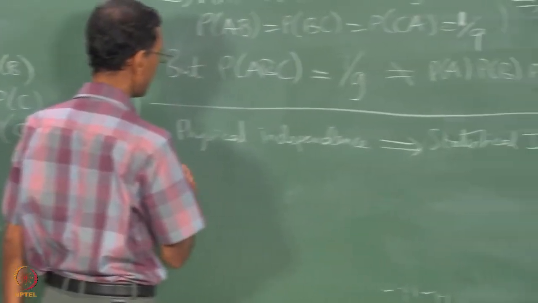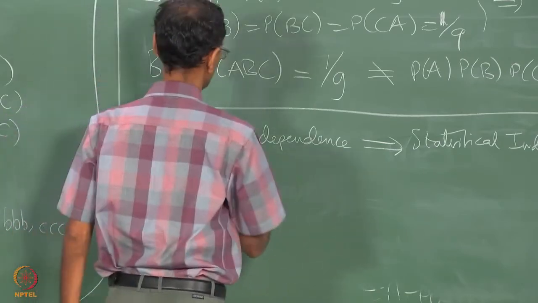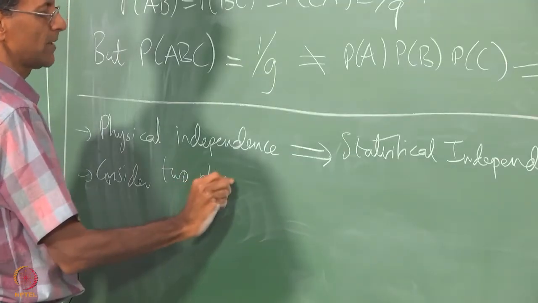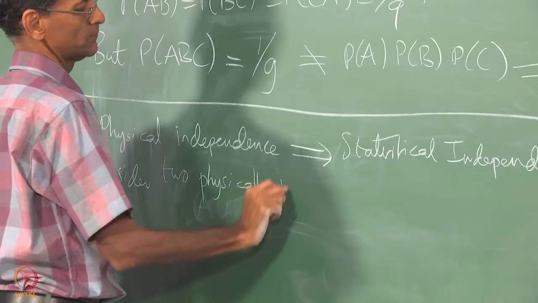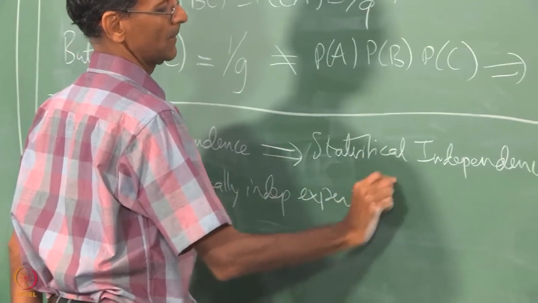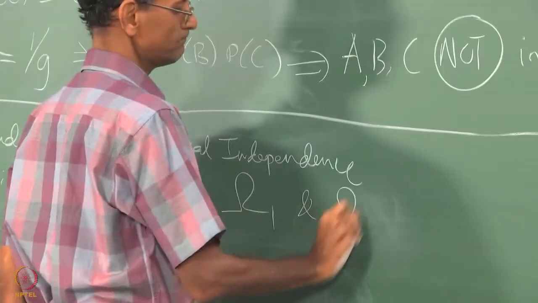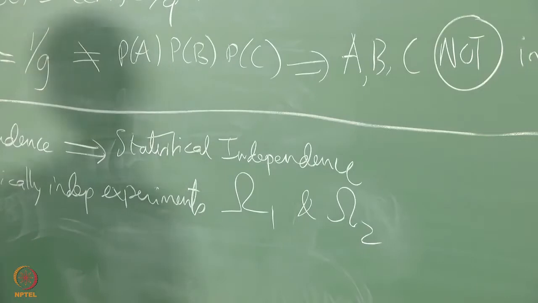So supposing I have two physically independent experiments, omega 1 and omega 2. Again we are assuming that they are random experiments with some sample spaces.